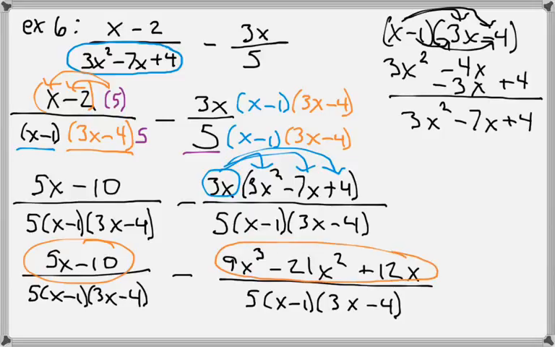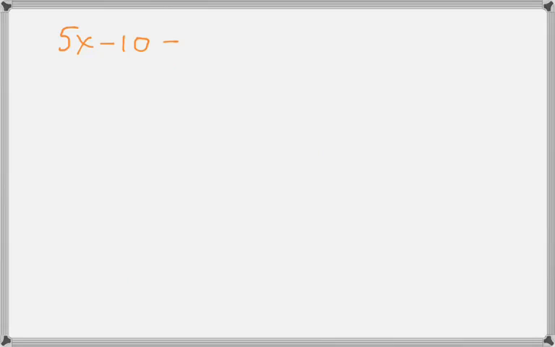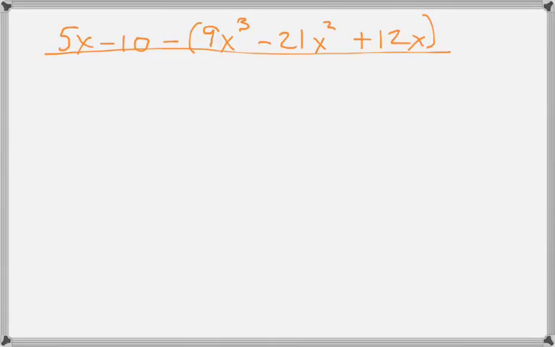So I'm going to put him in parentheses. I'm going to subtract a 9x cubed minus a 21x squared plus a 12x. And all of that was over our denominator of a 5, an x minus 1, and a 3x minus 4.